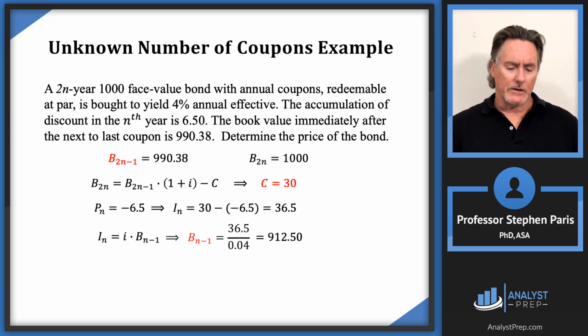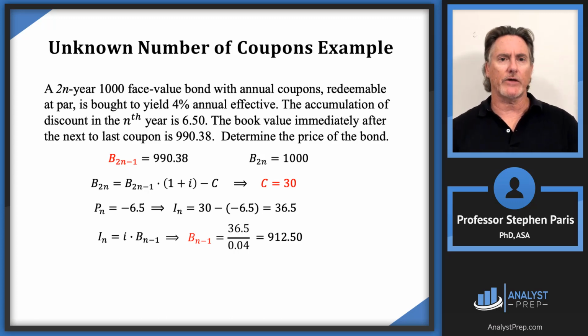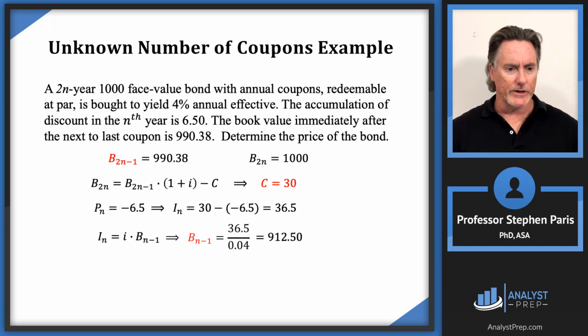Remember, if I've got book values at different time periods, I take the earlier book value and think of that as the present value, and the later book value and think of that as the future value. And I've got the payments, there are 30 in between those periods, and there are n coupons or years between time n minus 1 and 2n minus 1. And so I'd set up this equation.